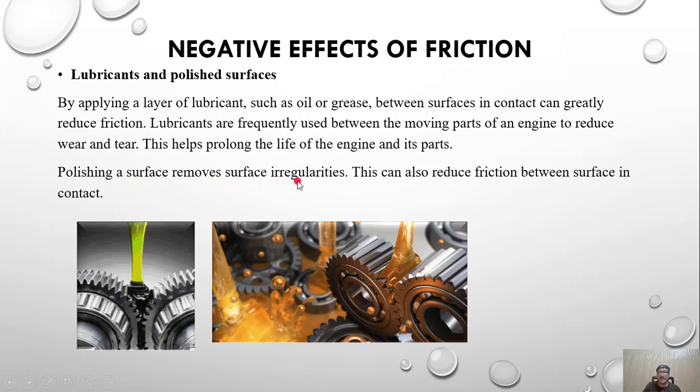So that we can remove the irregularities, so that the surface appears smooth, and in this way we can also reduce the friction, because if we want to move any book or any object on the surface of the table, if it is polished, then the friction between the surface of the table and the object will be reduced.